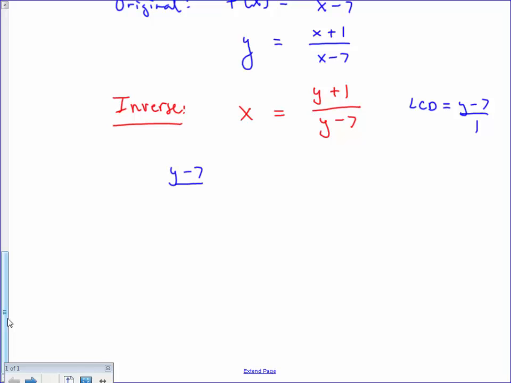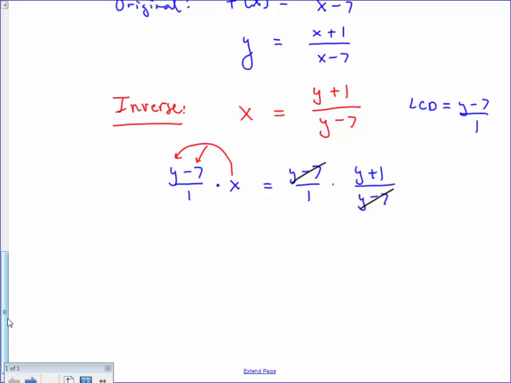So y minus 7 over 1 times x equals y minus 7 over 1 times y plus 1 over y minus 7. The reason that we want to do that is to get the y minus 7 out of the denominator on the right side. We see here that the y minus 7's would cancel. On the left, the y minus 7 is put over 1, but we really don't need it.